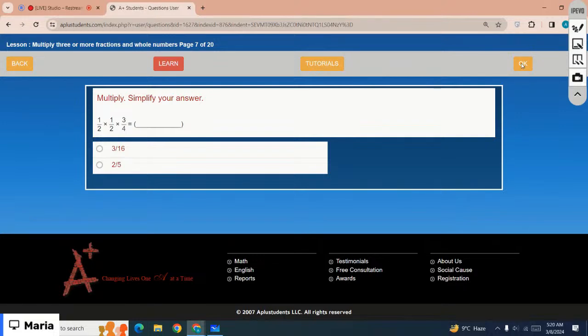Okay, the next one is 1 by 2 times 1 by 2 times 3 by 4. Yes, that is 3 divided by 16.